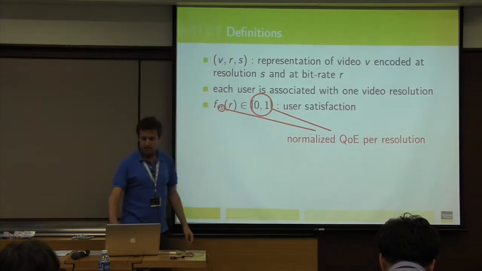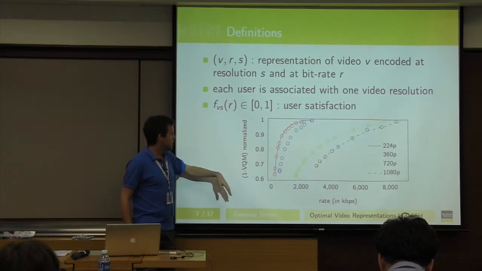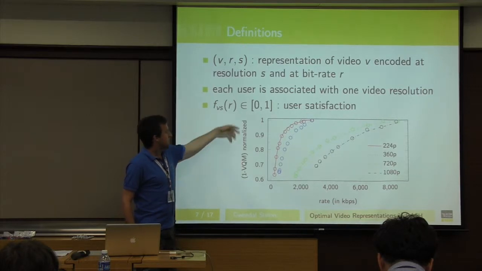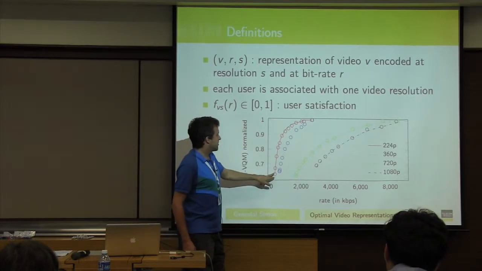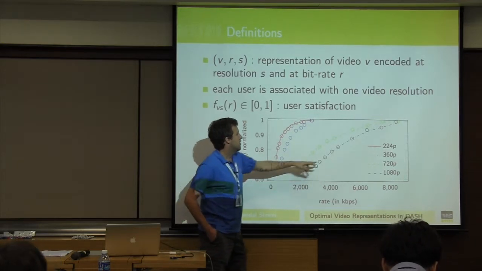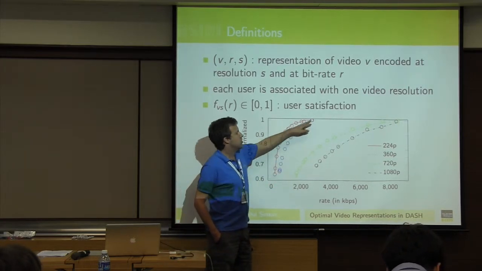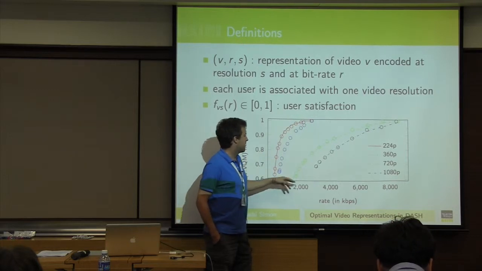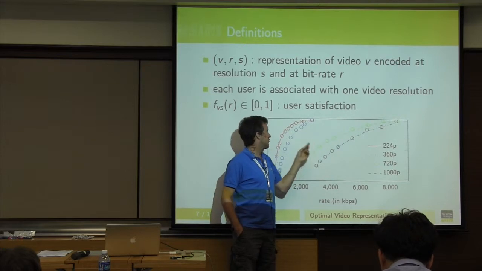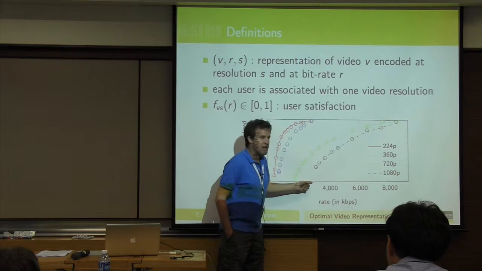So it means that we take an example for one video, and we compute the quality of experience with the VQM measure, and we normalize so that somebody who is watching the video at 360p is typically between close to 0 and 1, exactly the same as somebody at 720p, except that for this user to be satisfied, you only need something like 3 megabits per second.